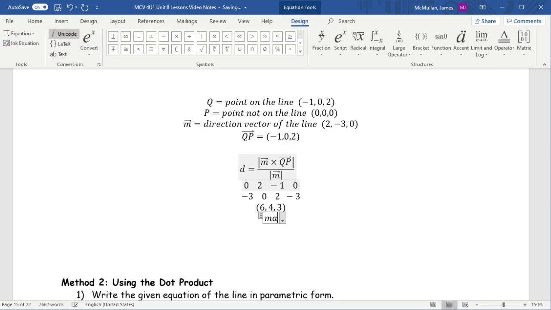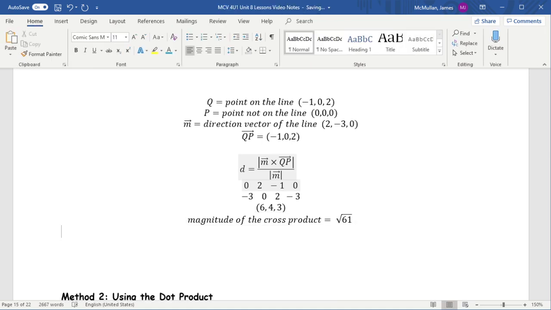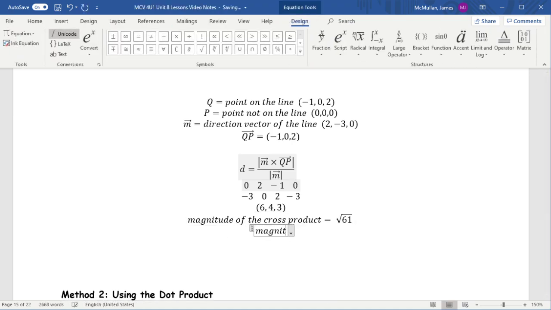The magnitude of the cross product would be 36 plus 9 plus 16, so 25 and 36 makes 61. Okay, and the magnitude of m is just the square root of 13.